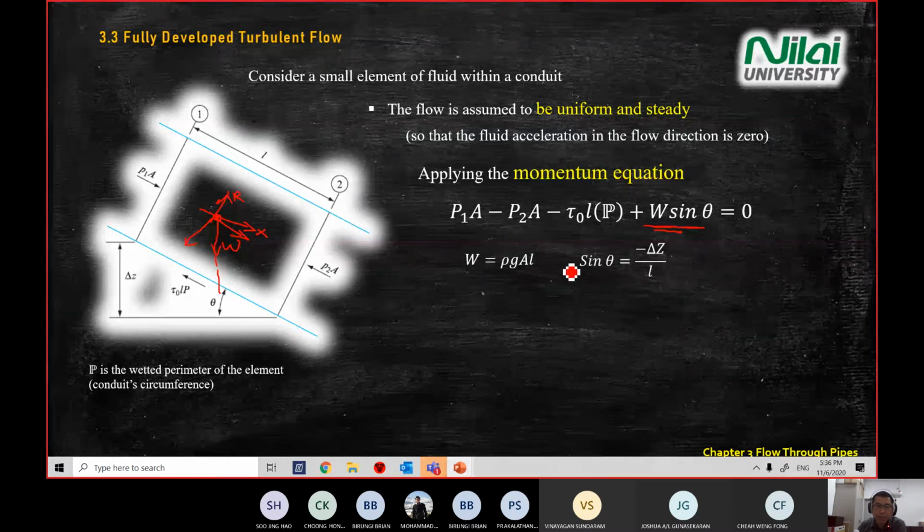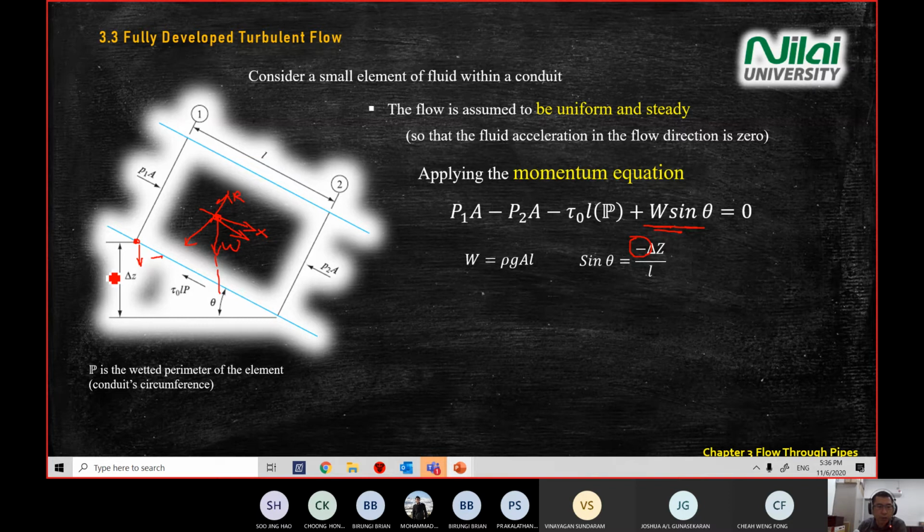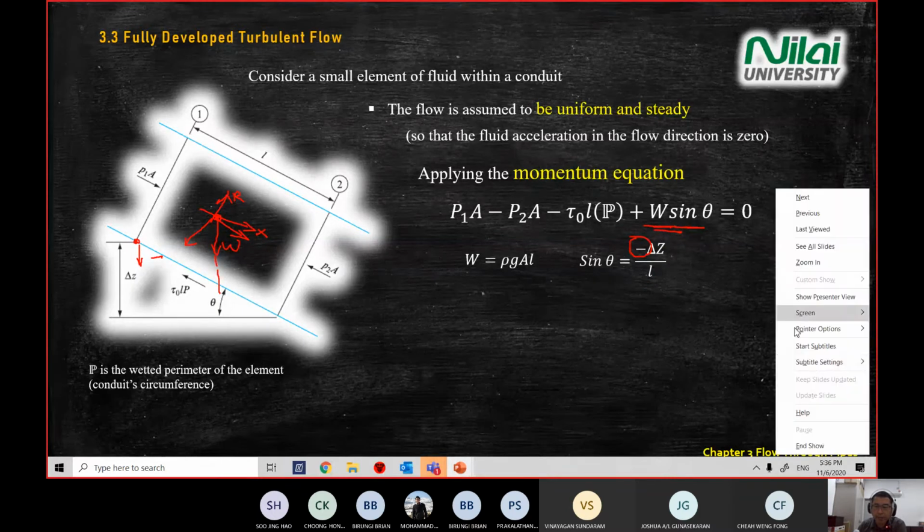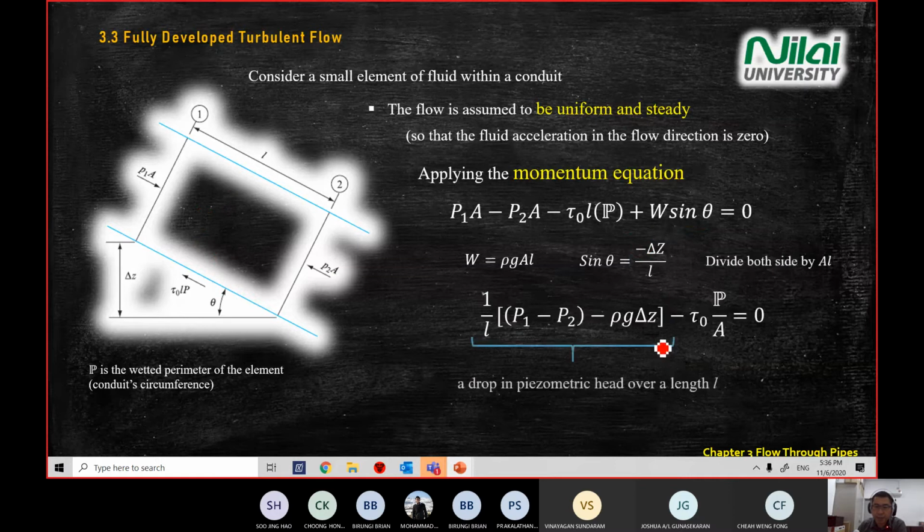Psi relationship, if you look at this diagram, what's going down is negative, that's why we have a negative delta Z in the equation, divided by L is here. So sin psi equals opposite divided by hypotenuse. So that's why we have negative delta Z divided by L. Substitute the value inside there. All right, you'll get this equation.